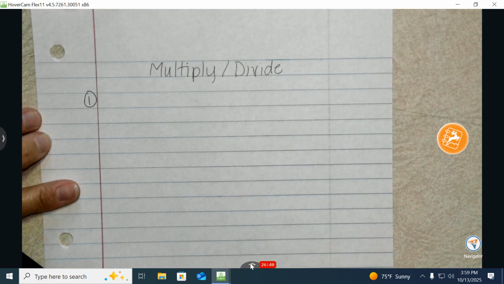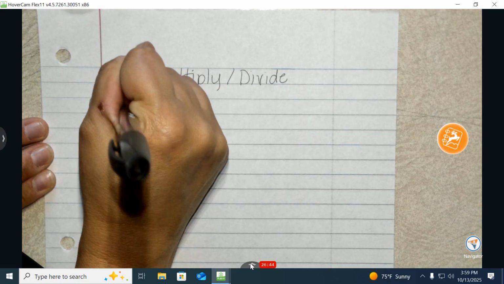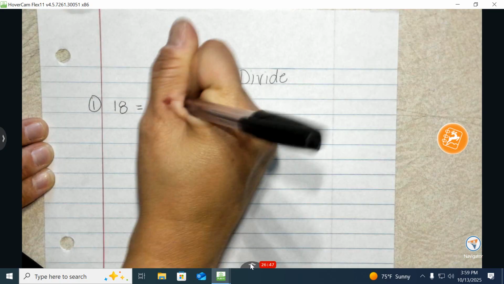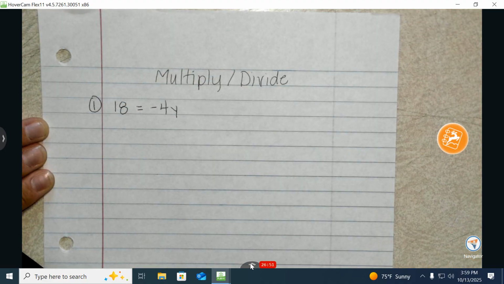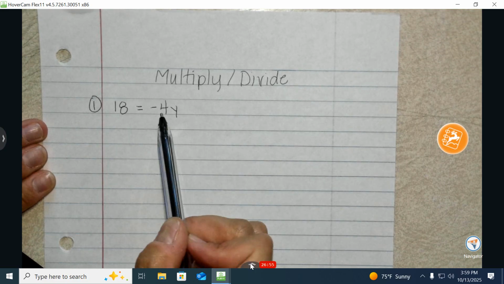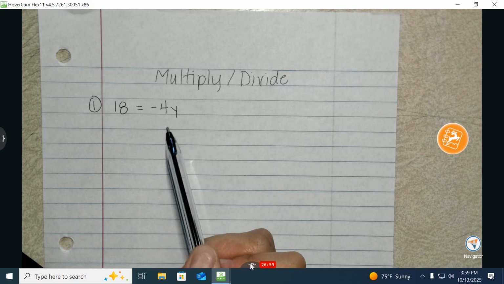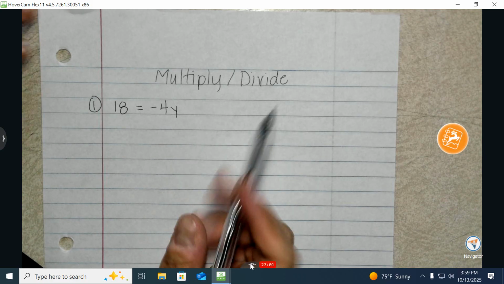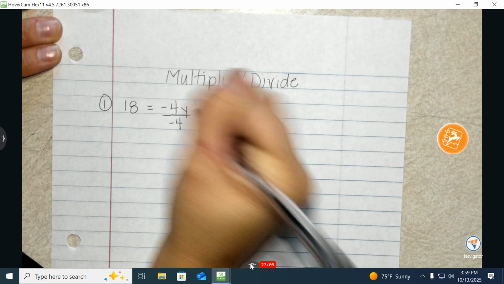Number 1, we have 18 equals negative 4y. Okay, this is a one-step equation. The negative 4 and the y are multiplying, so the inverse of multiplying by negative 4 is to divide by negative 4.